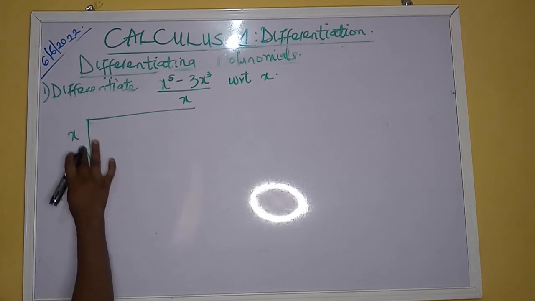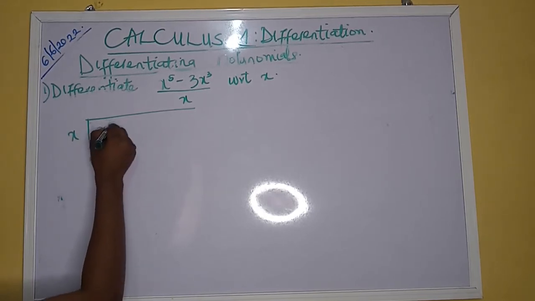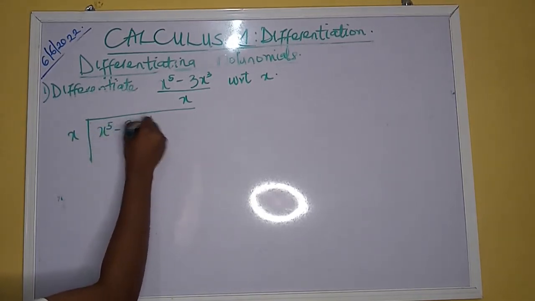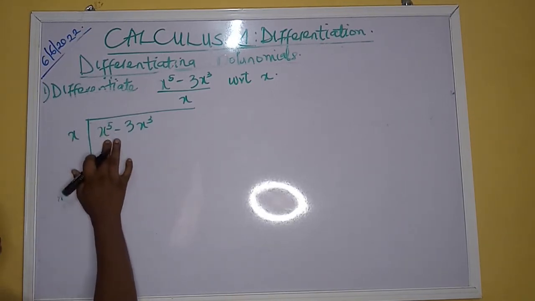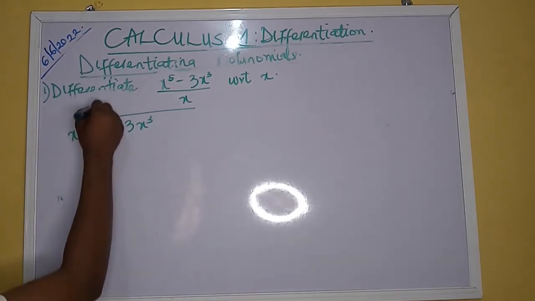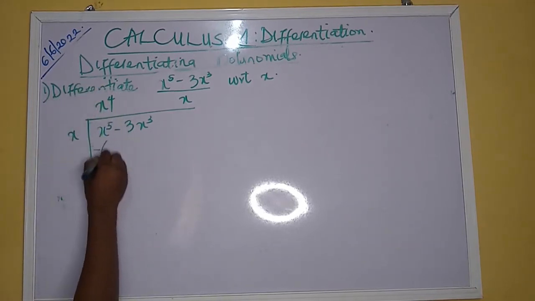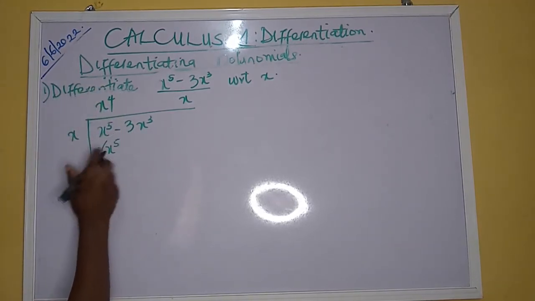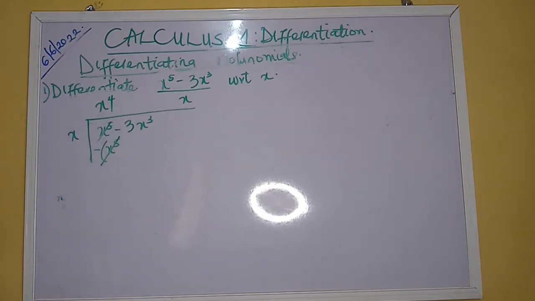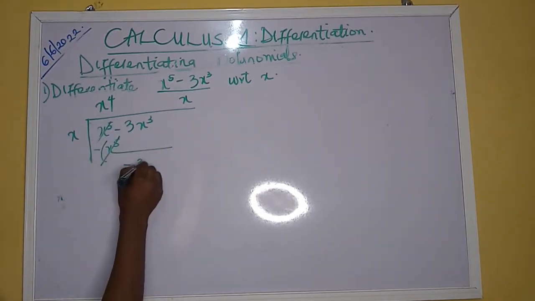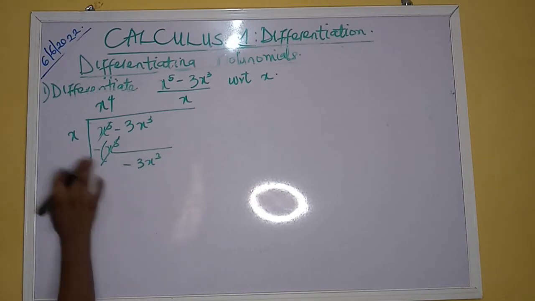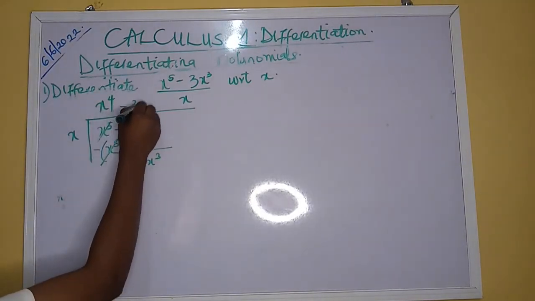Your x is here. Your x raised to the power 5 is in the box. So your x raised to the power 5 divided by your x gives you x raised to the power 4. When you multiply this, you still have your x raised to the power 5. You put your minus out, so this one is cancelled out, remaining your minus 3x cubed. This goes into this to give you minus 3x squared.